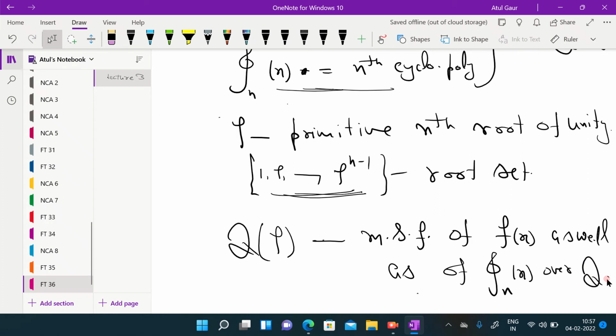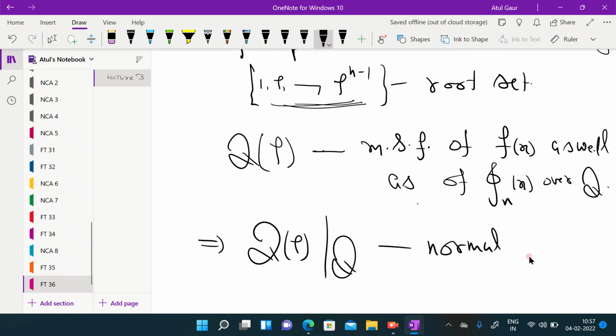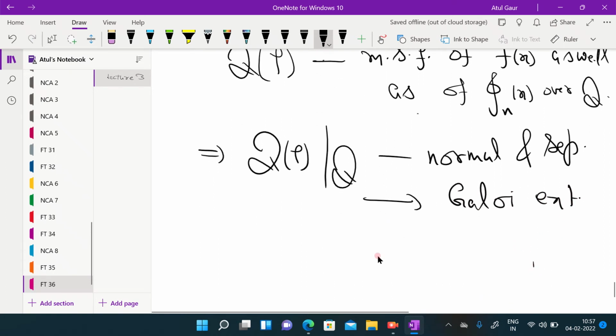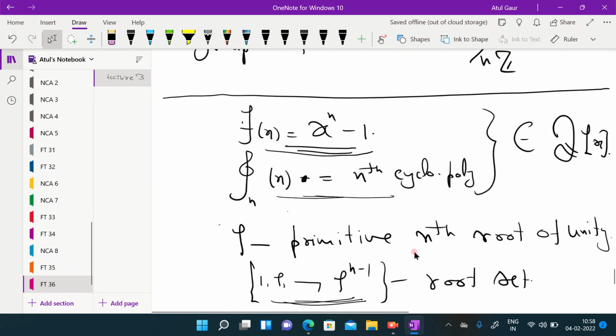Since it is a minimal splitting field, it is normal, and since we are working over a field of characteristic zero, it is separable. So you have a normal and separable extension, and hence a Galois extension. It is a Galois extension, so you can talk about the Galois group. This Galois group will be the Galois group of these polynomials.